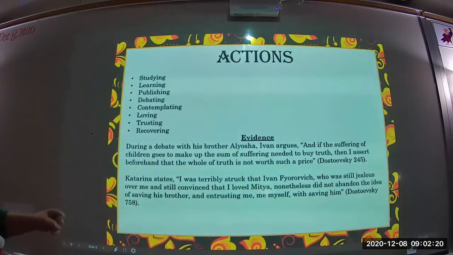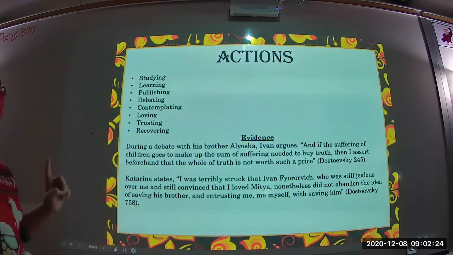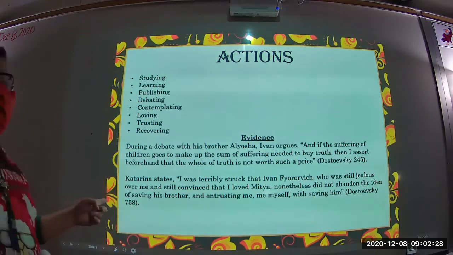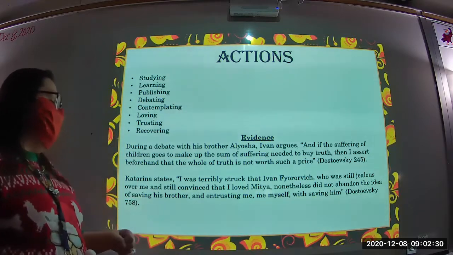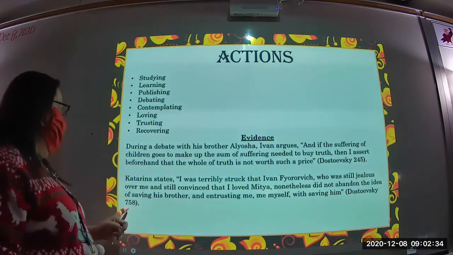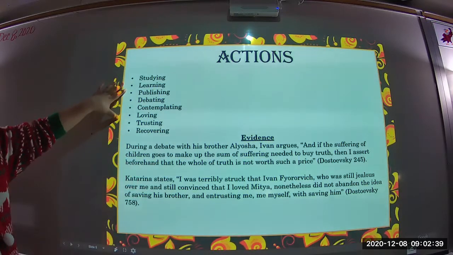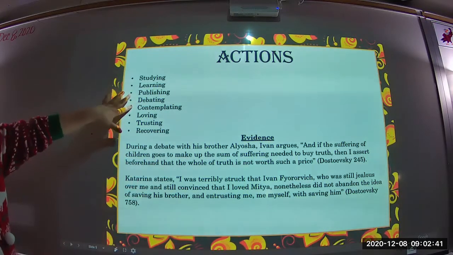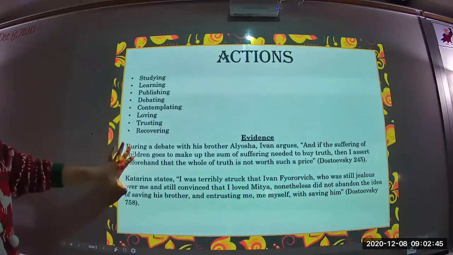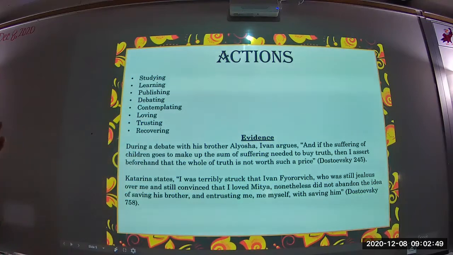Katerina states, "I was terribly struck that Ivan Fedorovich, who is still jealous over me and still convinced that I love Mitya, nevertheless did not abandon the idea of saving his brother and entrusting me myself, with saving him." Dostoevsky, 758. Are those evidence for things that I said up here? Right? So contemplating, debating, and then trusting and loving, right?